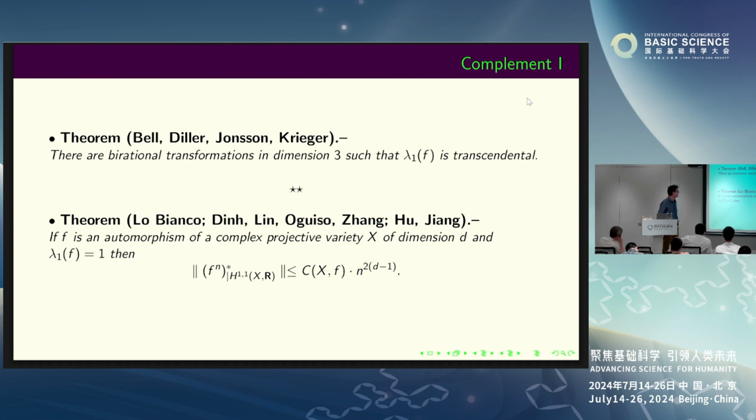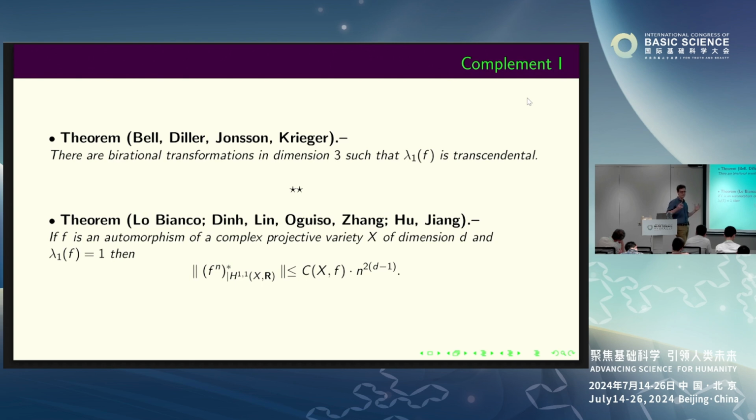So the first phenomenon is that starting with dimension 3, there are birational transformations such that this lambda 1 is in fact a transcendental number. Okay, so there are examples for which these numbers are not algebraic. If you look at all possible varieties, all possible rational transformations, all possible fields of definition, the set of dynamical degrees that you get is countable.